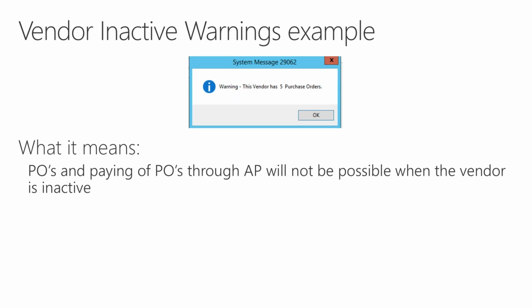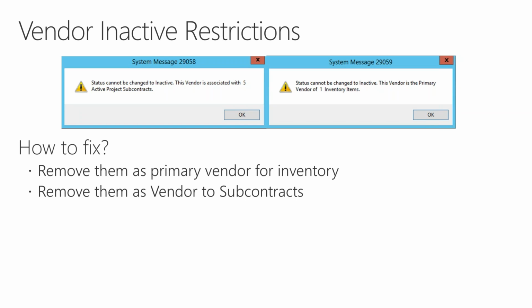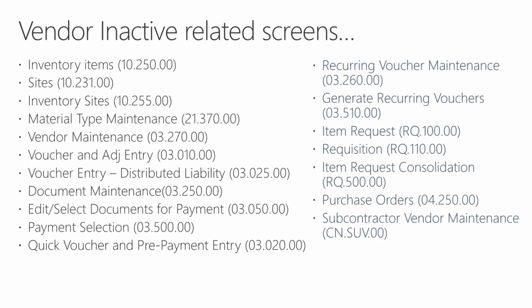There are certain situations where we won't let you make them inactive, where a vendor has been set up as a default value in another screen. We don't want that to be there. We want you to take the time to remove them from there before you make them inactive.